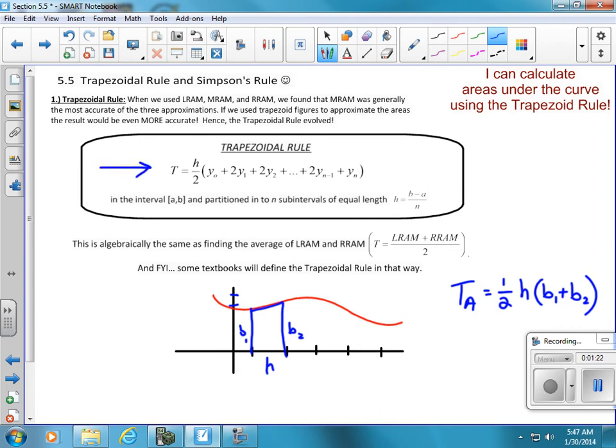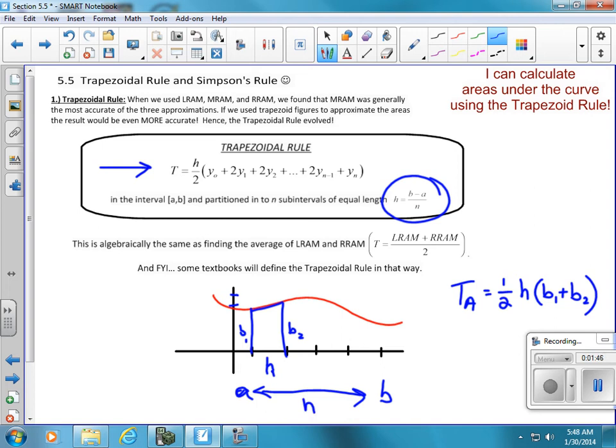Now, some really smart people have put this into a formula using the y values of the function and using h. To calculate h, you take b minus a, which is the width of the entire interval, and divide it by n, the number of subintervals you want.